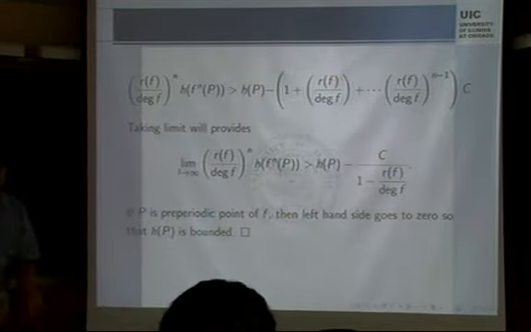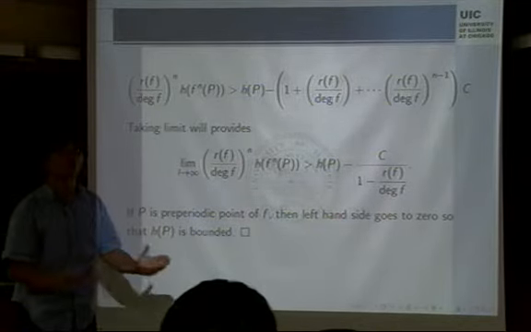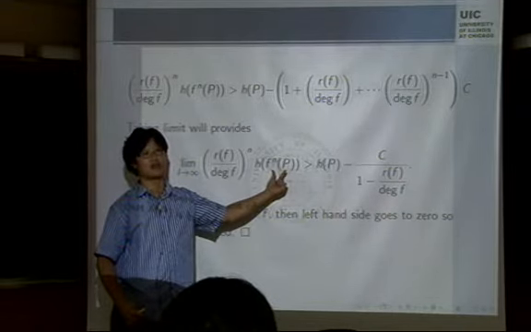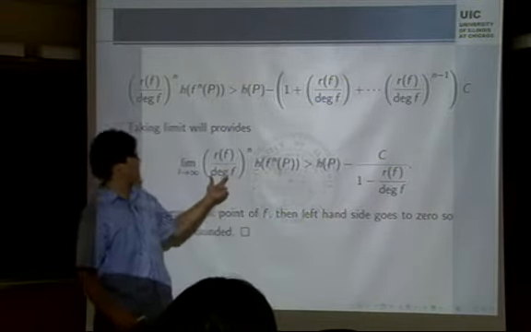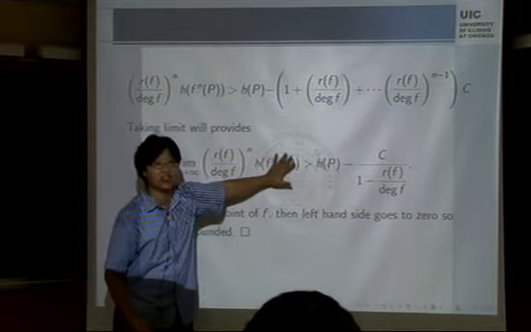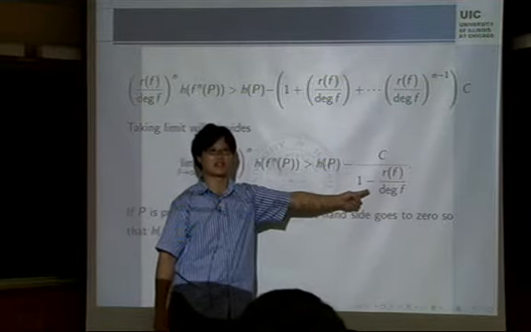So if you assume you have prepared points, which means you have only finitely many choices for your n-th iteration points, so they are always bounded, and you have power of a number smaller than 1, so your left hand side goes to 0, so your height of points is bounded by this constant.